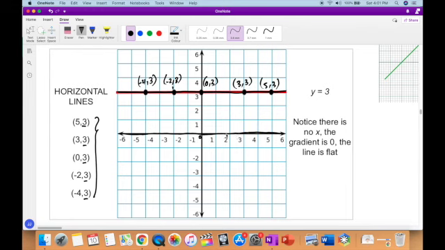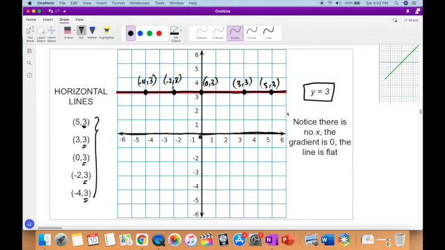The x-axis cuts the y-axis at the point 0. So this line here cuts the y-axis at 3. And because it's a horizontal line, it means that y will always be equal to 3. So therefore the equation of a horizontal line is simply y is equal to 3.